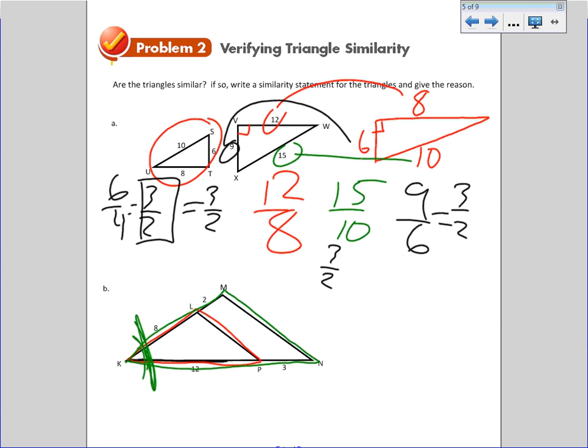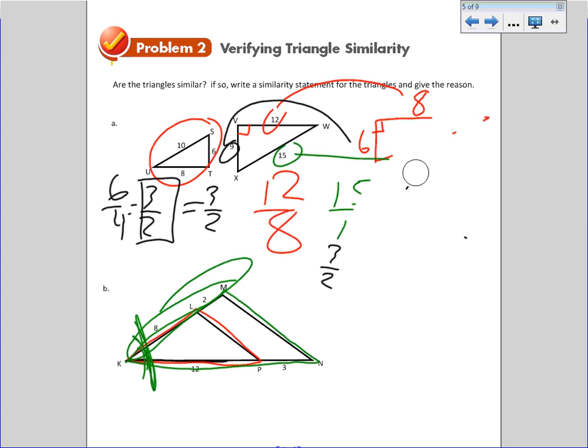So now we know we can use side angle side, so we only need to do the two proportions. So let's look at this left side. The large triangle left side is 10. Because they're the same exact angle, that's the reflexive property.